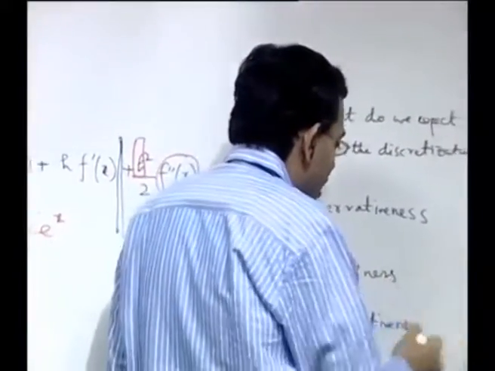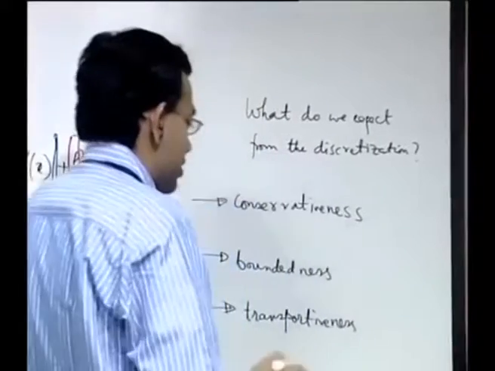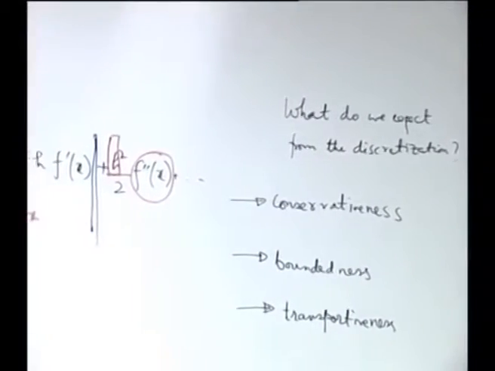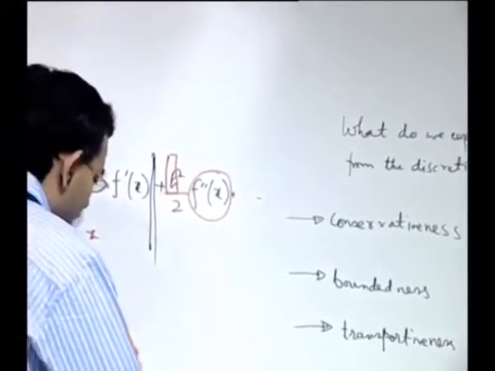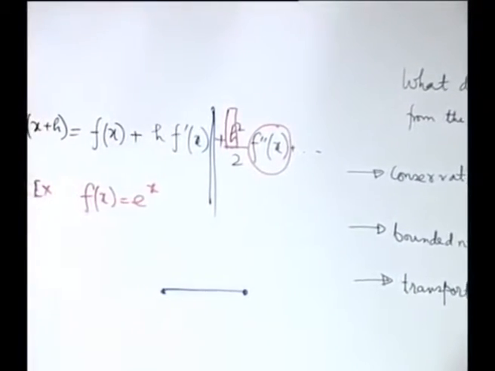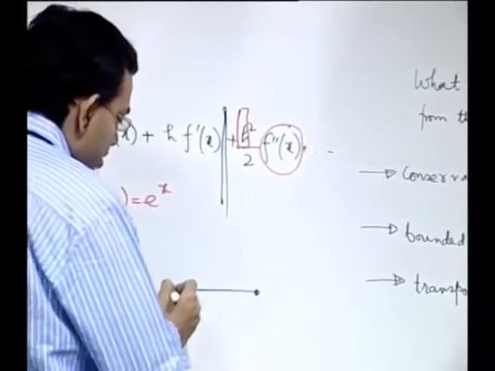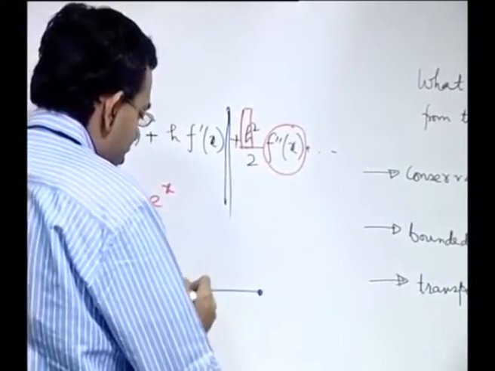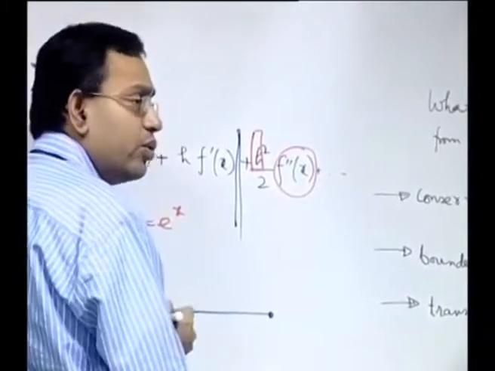Then the other requirement is boundedness. So, what is boundedness? Let us say that you have a rod where the two ends are subjected to two different temperatures.